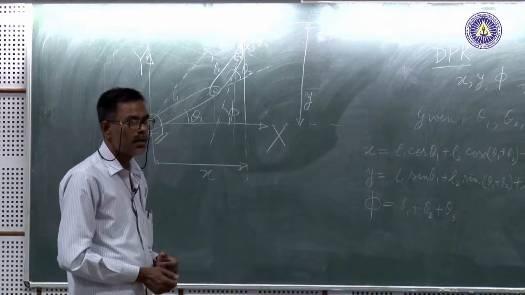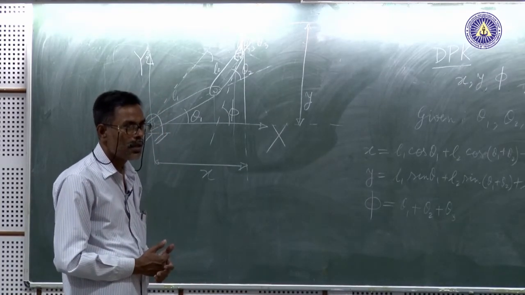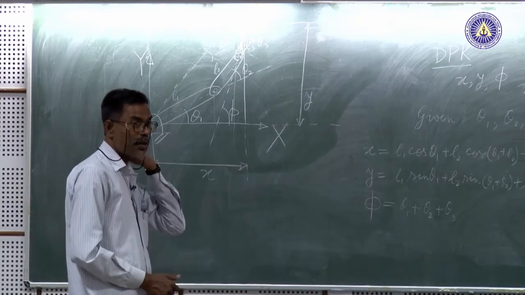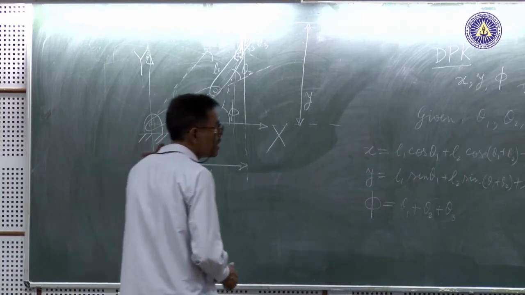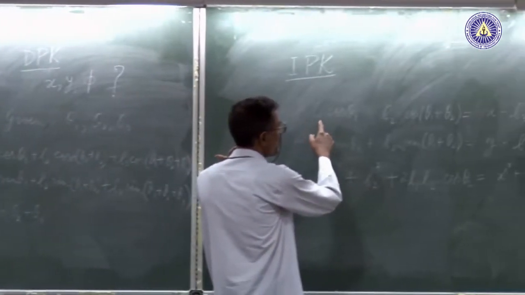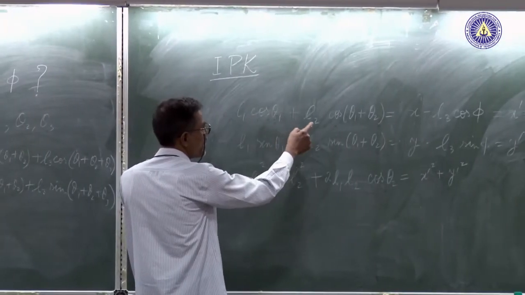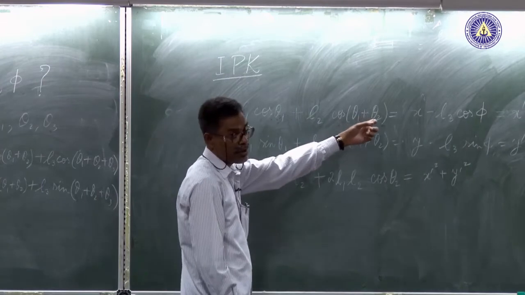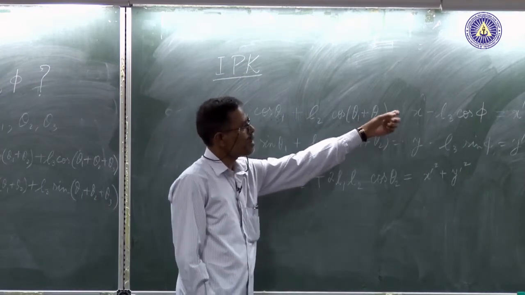So, theta 2 we got, and then there is one more, theta 1. That's what we were discussing, that we have to get theta 1. If we put that theta 2 value here, then you will get L 1 cos theta 1 plus L 2 into cos of theta 1 plus something, where theta 2 is now known, equal to something known.